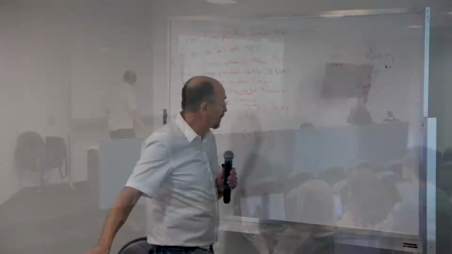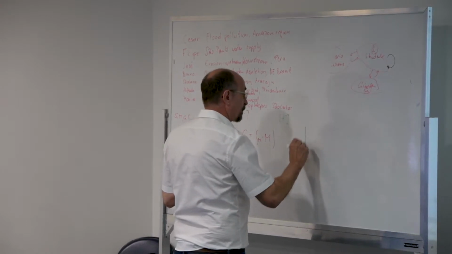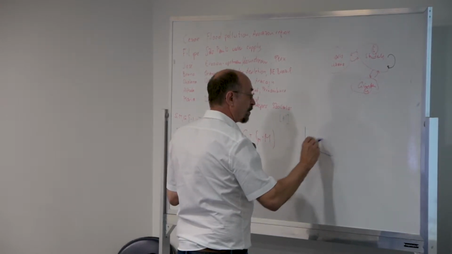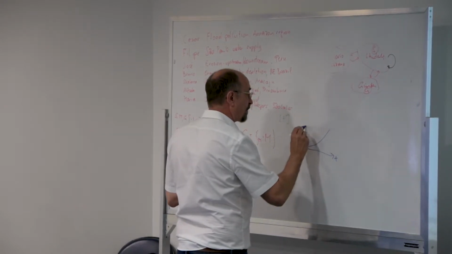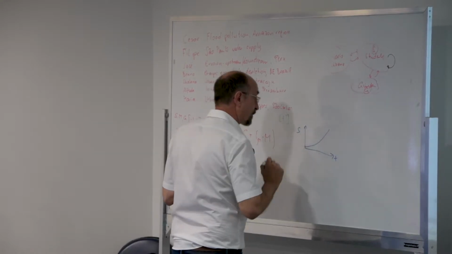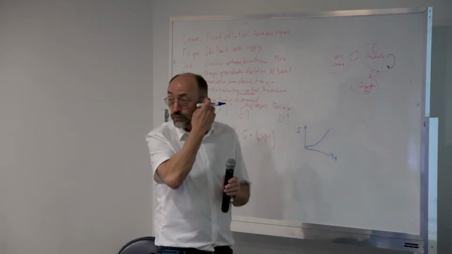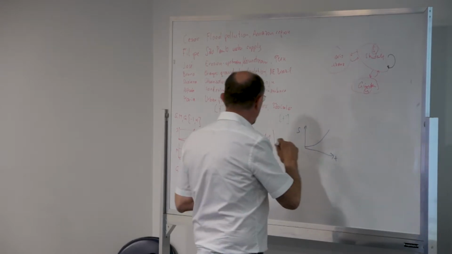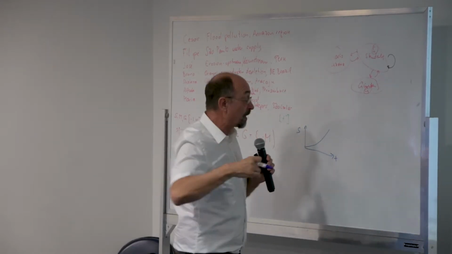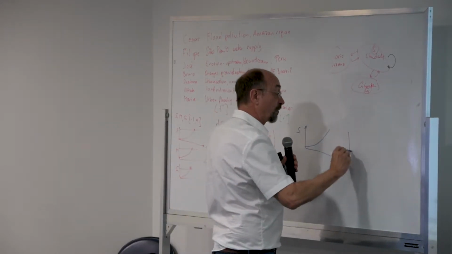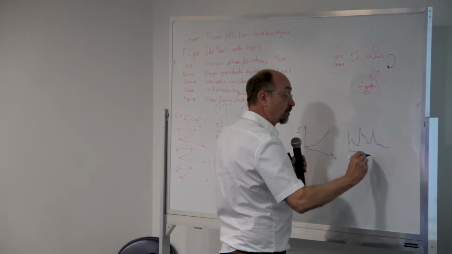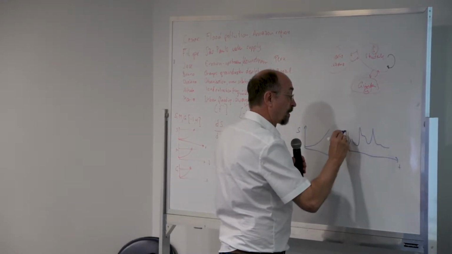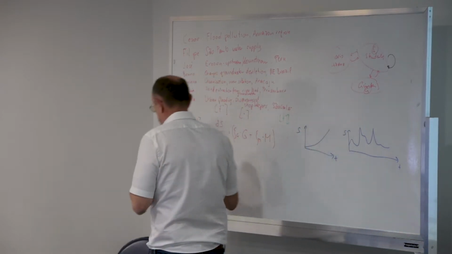The solution of this will look something like this. This is time and this is S. But if the equation were more complex, if we had like a stochastic term, the solution may be different. So it may look like this with time. Not this equation, but generally speaking.